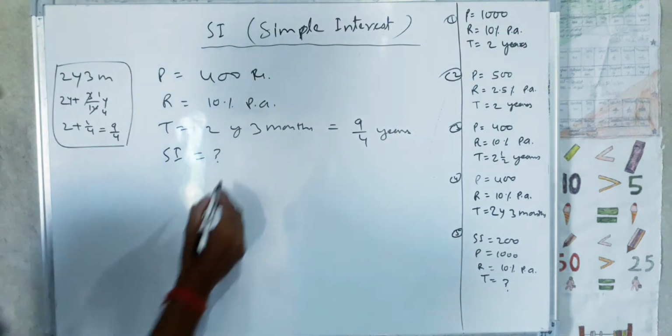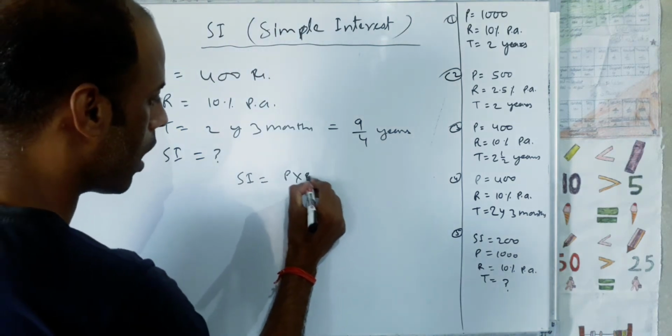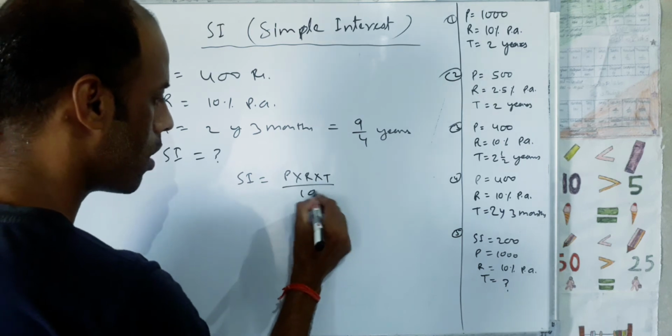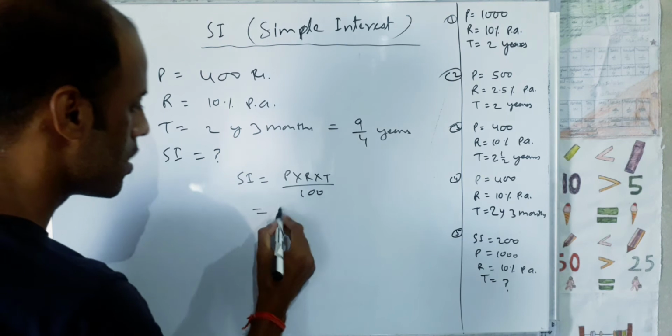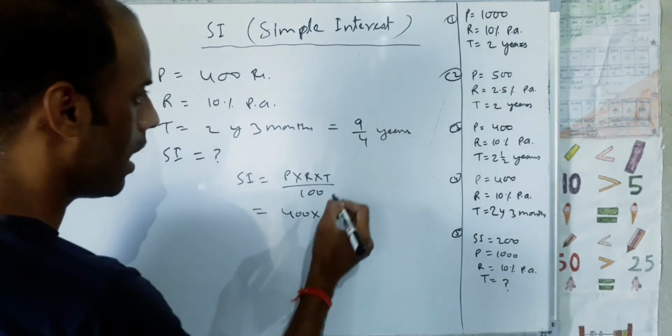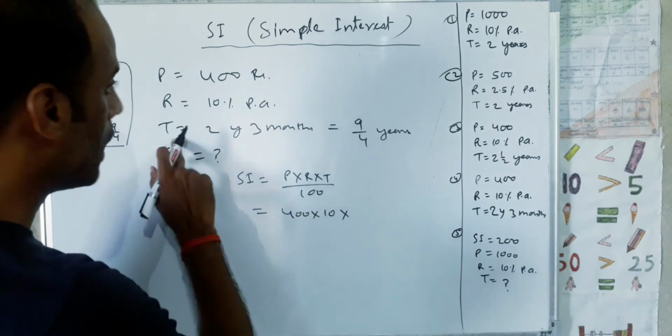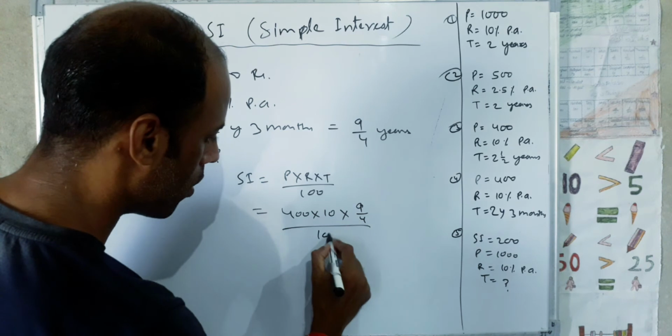Now SI equal to P into R into T upon 100. P is 400, R is 10% and time is 9 upon 4, upon 100.